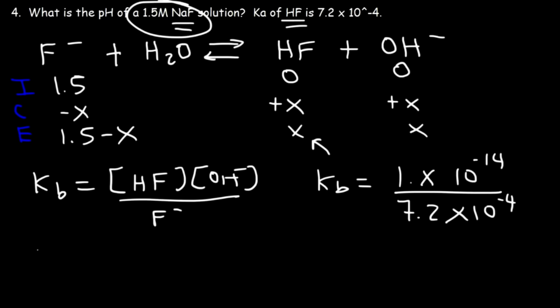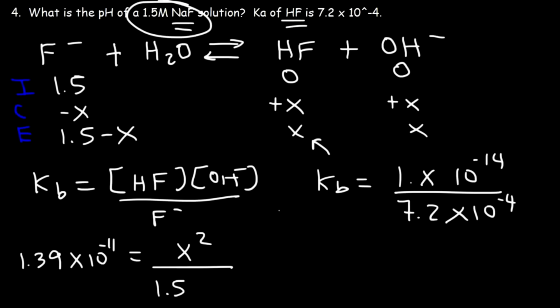So Kb is 1.39 times 10 to the minus 11. HF and hydroxide, they're both equal to X, so X times X is X squared. And F minus is going to be 1.5 minus X, but we could ignore that X since Kb is very small.